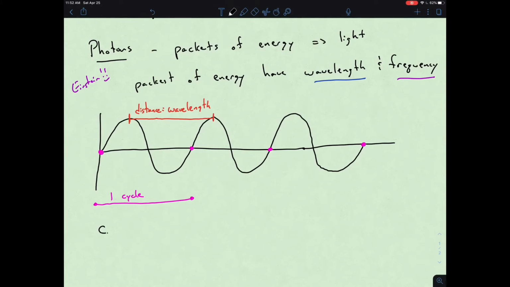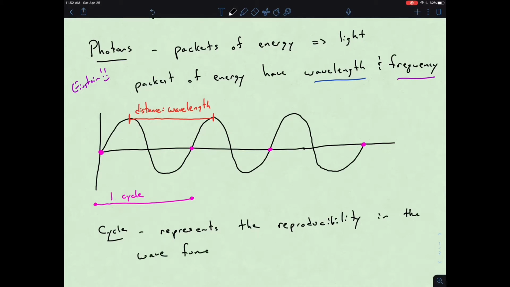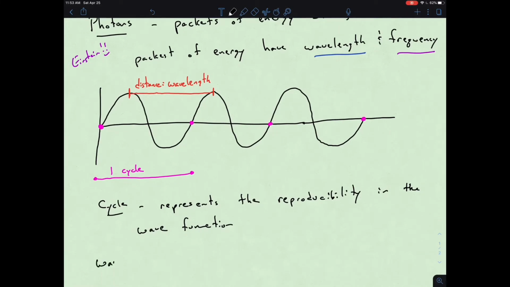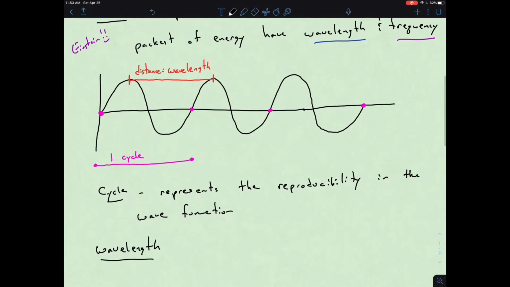We have a cycle, which basically represents the reproducibility in the wave function. We have this notion of wavelength. And wavelength is given the symbol lambda.